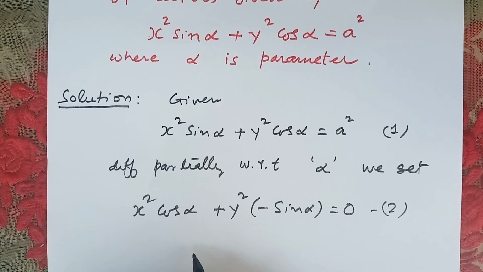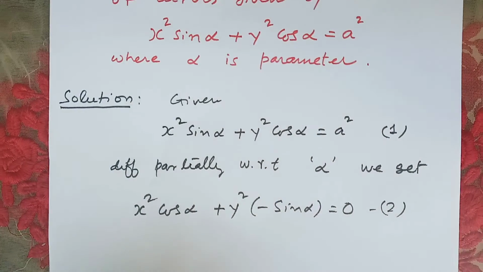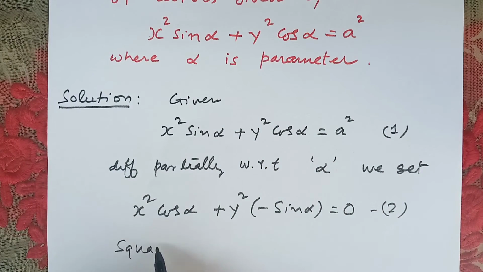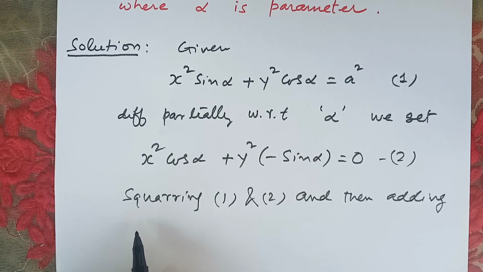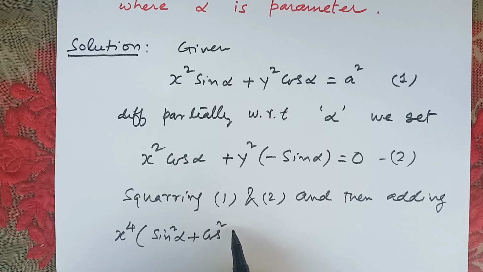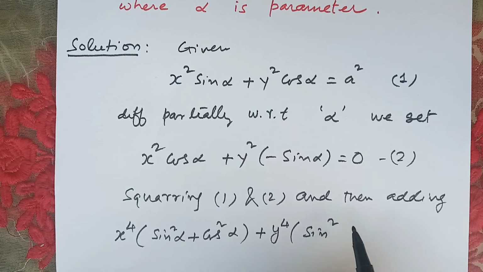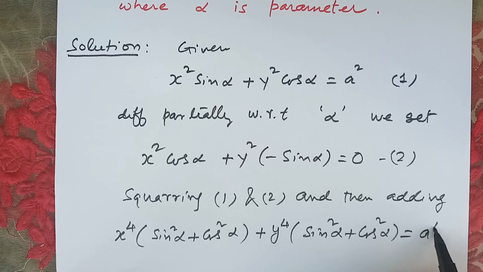So squaring 1 and 2 and then adding, x to the power 4 times sin square alpha plus cos square alpha, plus y to the power 4 times sin square alpha plus cos square alpha, is equal to a to the power 4.